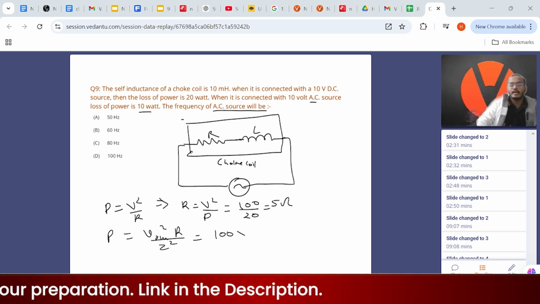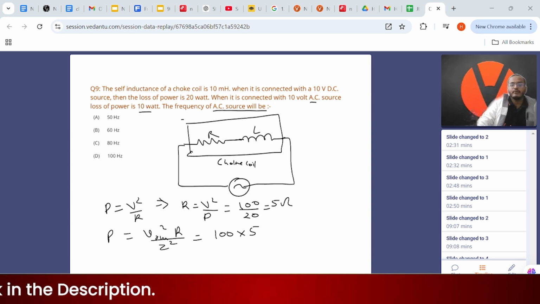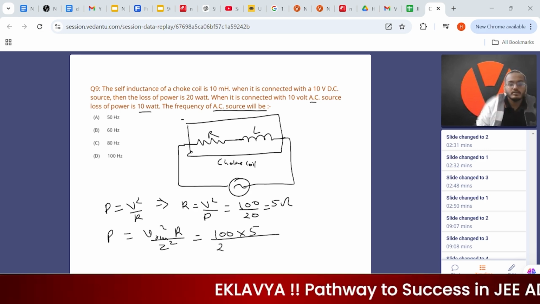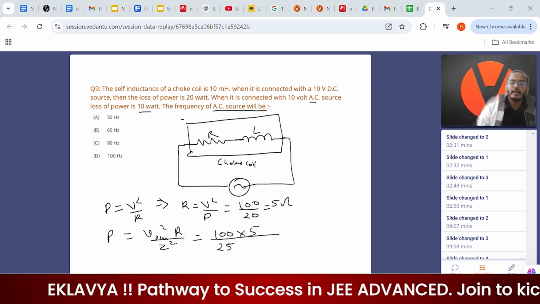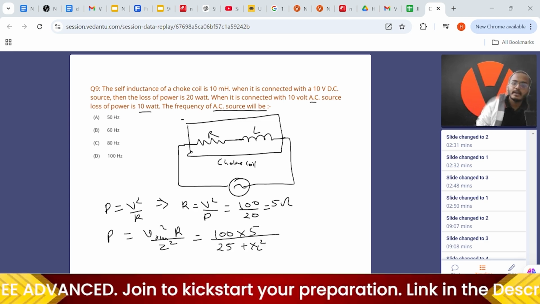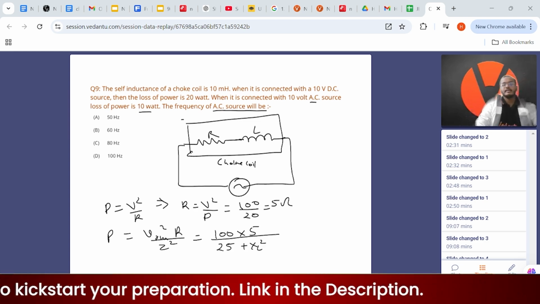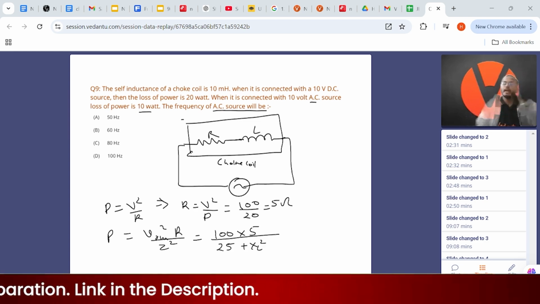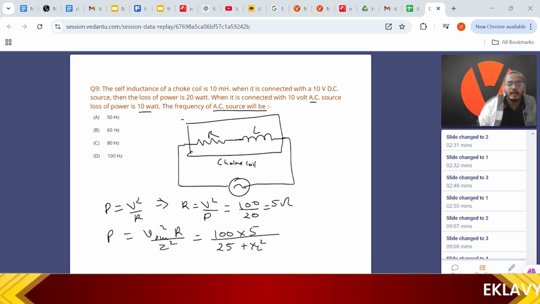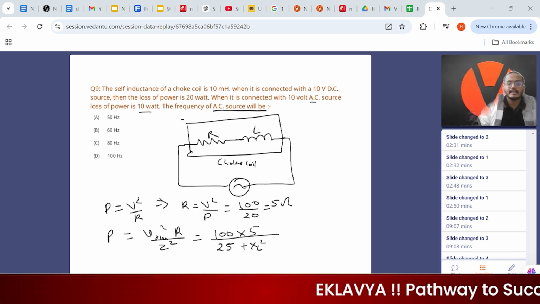Okay. So when we calculate it, see V_rms, every time a voltage is given for the AC source, it's always the RMS value. So it will be equal to 100 into 5 over Z squared. That will be 25 for resistance plus XL squared. XL is the impedance created by the inductor. Okay. From here, I can easily calculate. See, power is 10 here.